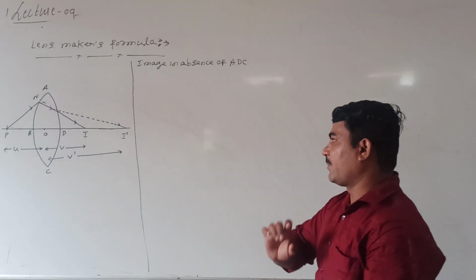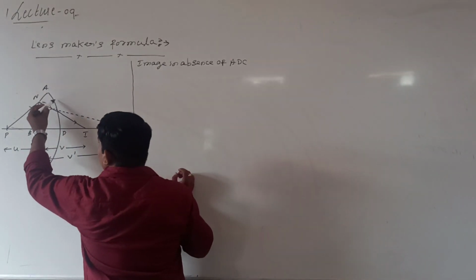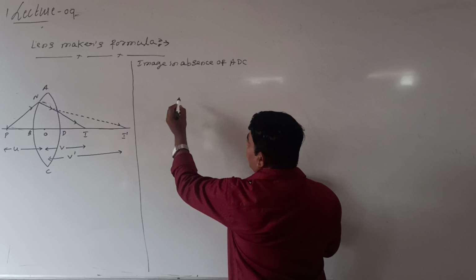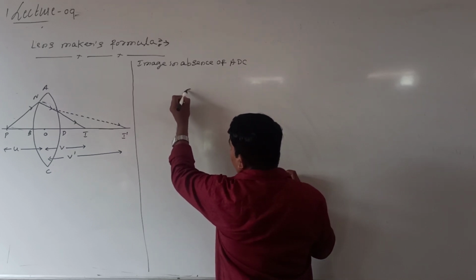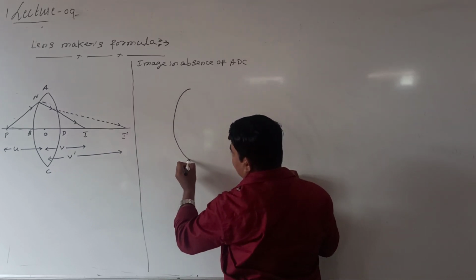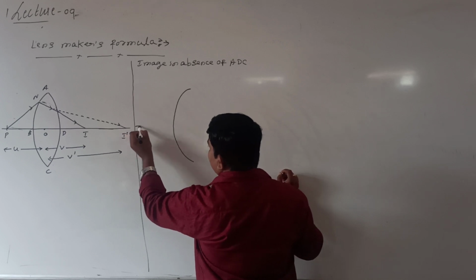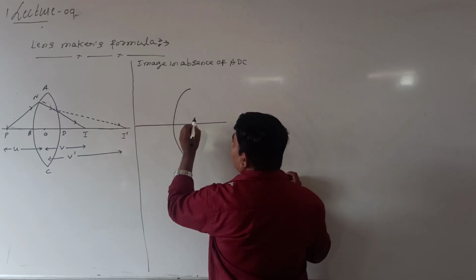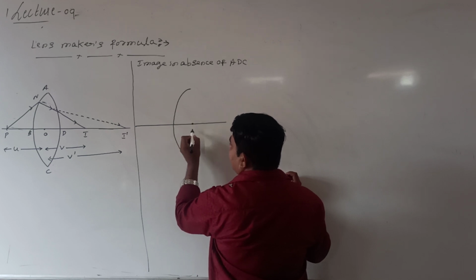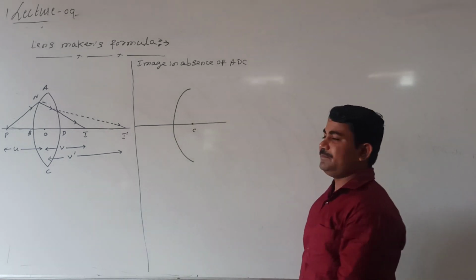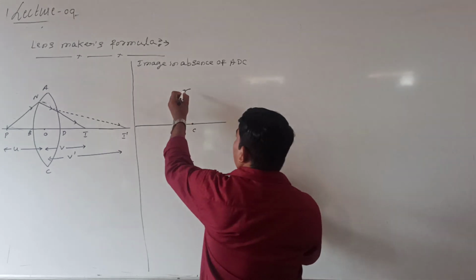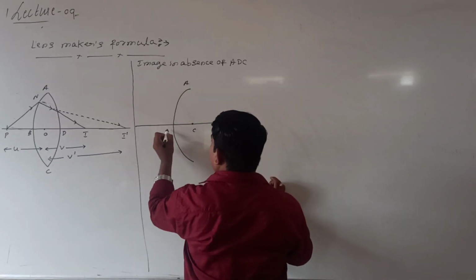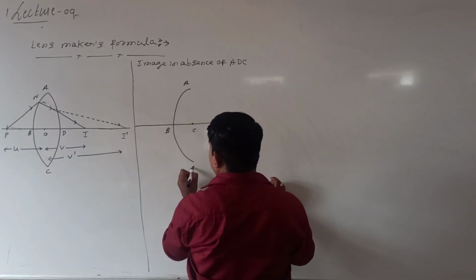In absence means this ADC is absent. I can take this as nothing but the spherical refracting surface. This is the principal axis. This we are calling the center of curvature, C point. This is one surface. Let us take this surface, I can take A, B, C.